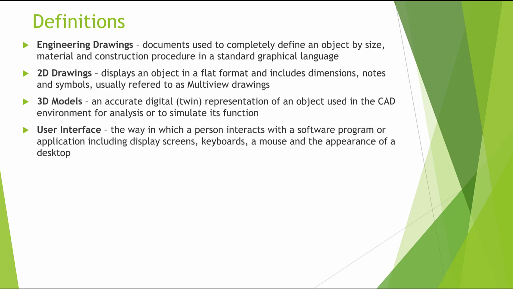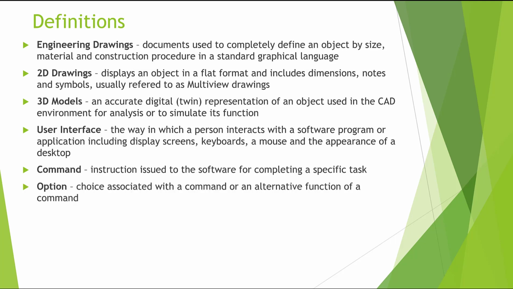The user interface is the way that we interact with the software program, and it includes things like the screen, keyboard, and a mouse. A command is the instruction that we use to tell the software to complete a specific task.